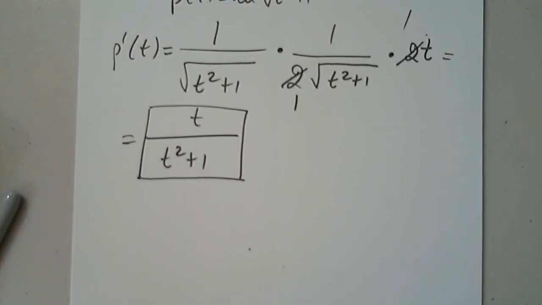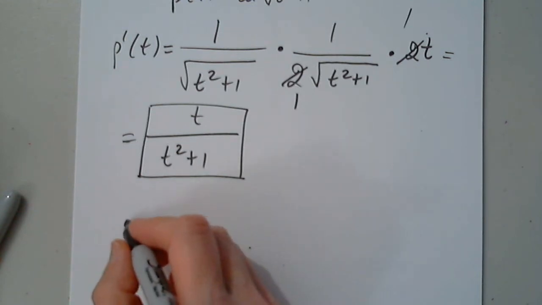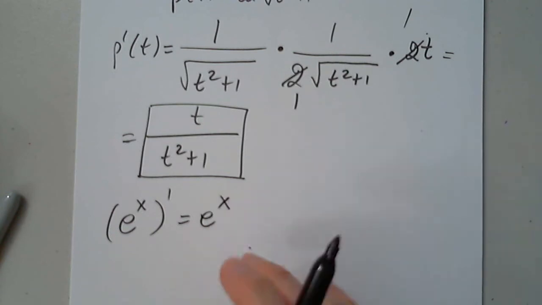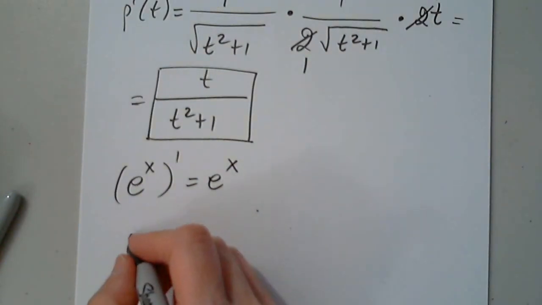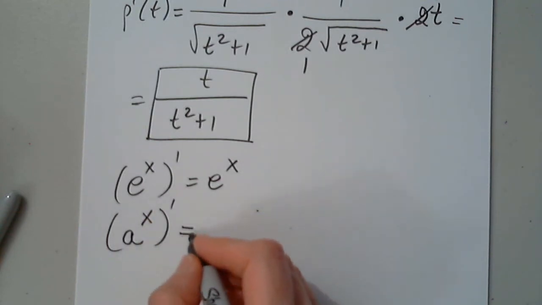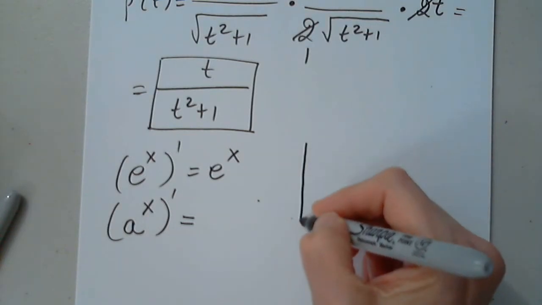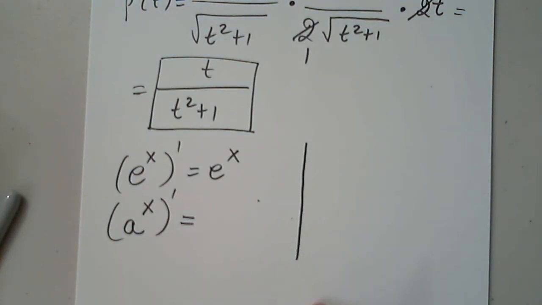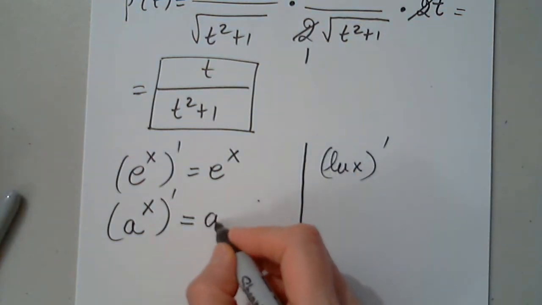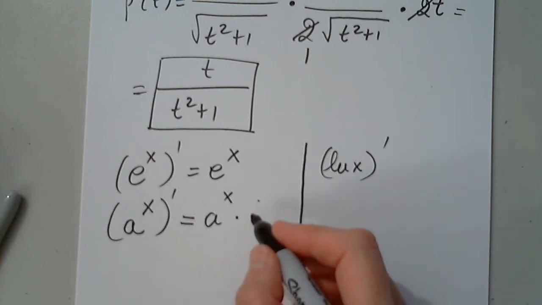Okay, so now let's look at what happens. If you remember, when we have e to the x prime, we get e to the x. Can anyone refresh our memory? If we have any number, not e, prime, what do I get? A to the x times natural log of a.